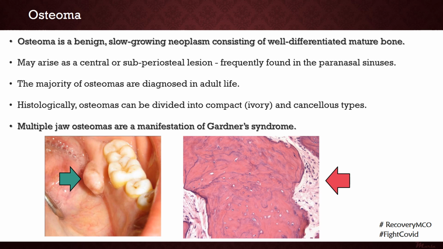So, identifying this lesion becomes important. Solitary lesions may not be associated with Gardner syndrome, but careful examination is required. Lesions such as tori should be kept in mind during this evaluation.